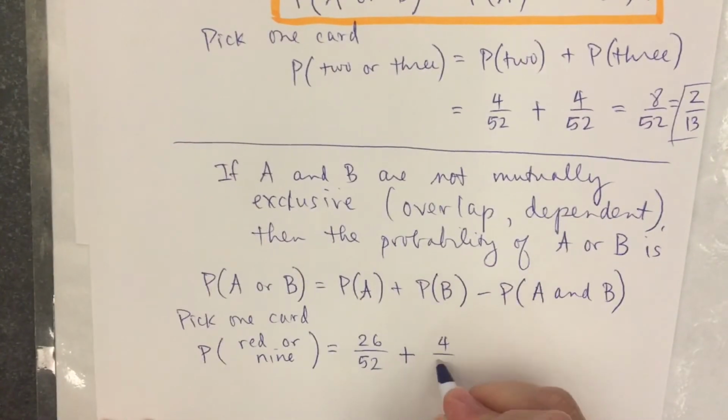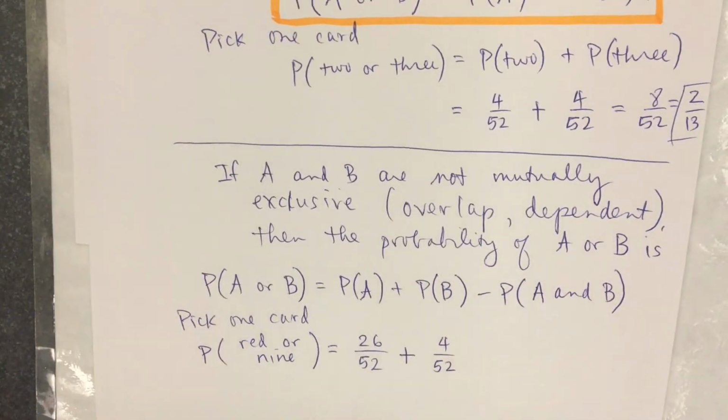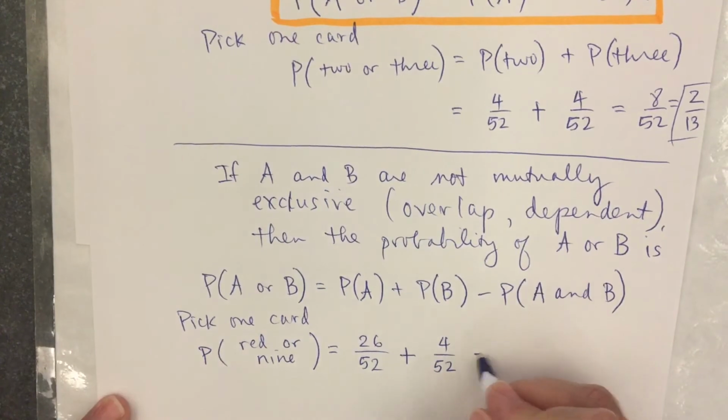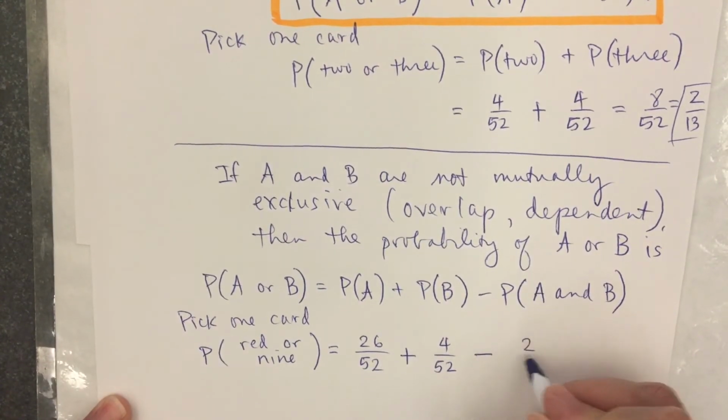And I hope you're thinking, there's a problem in there. I have counted the red 9s twice. I counted them in the reds and I counted them in the 9s. So what we do is we subtract it out once.